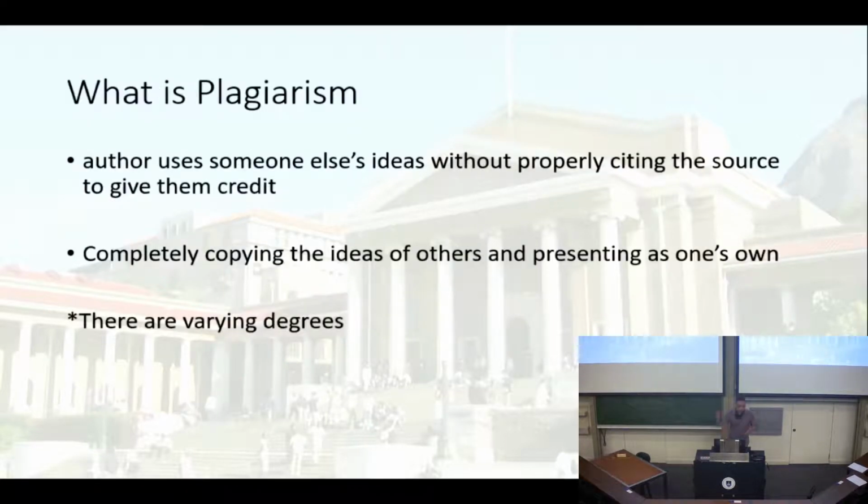Cool. So what's plagiarism? When an author uses someone else's ideas without properly citing the source to give them credit. I'll show you how to do it properly, or completely copying the ideas of others and presenting them as one's own. And there are obviously varying degrees of that. Some people will copy an entire paragraph, then right-click synonyms on Microsoft Word.